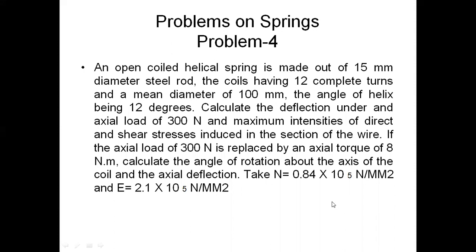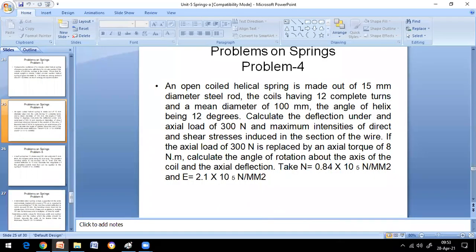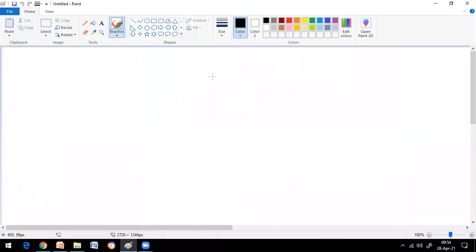Now we will continue the problem and we will try to solve problems on other components also. Let me open this. Just see what parameters we have calculated in the previous session. For the same problem, we have calculated torque.